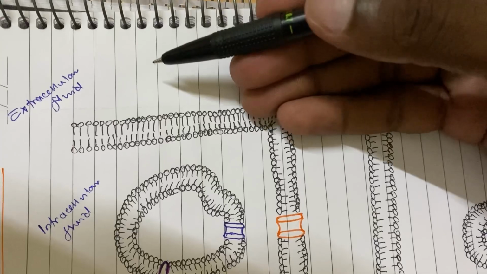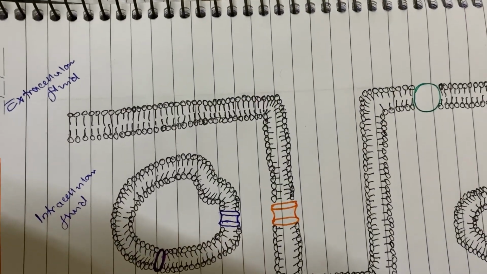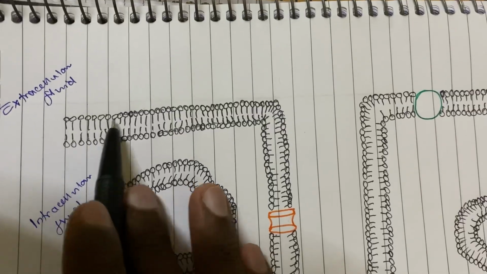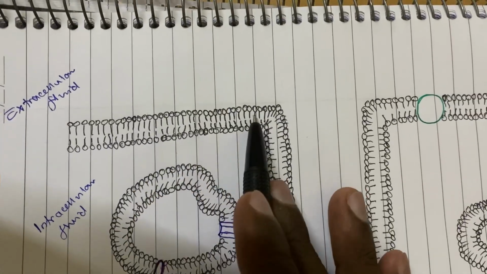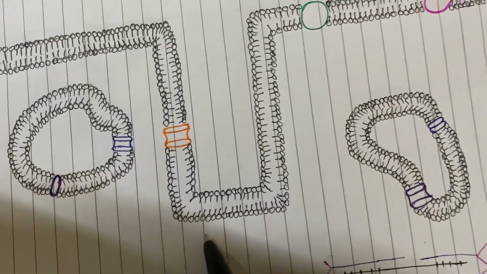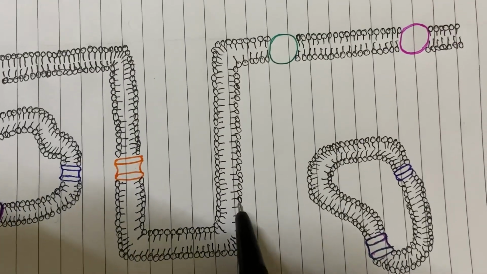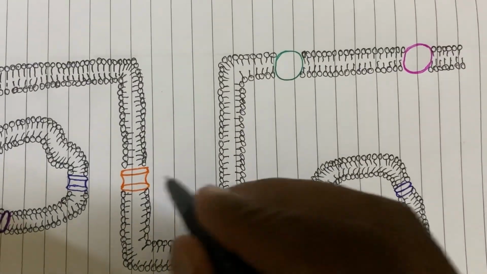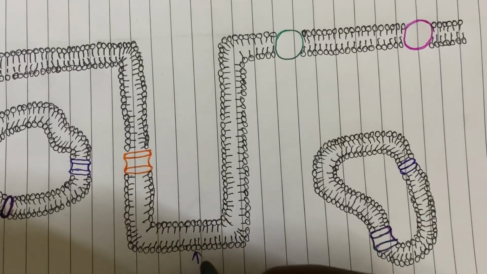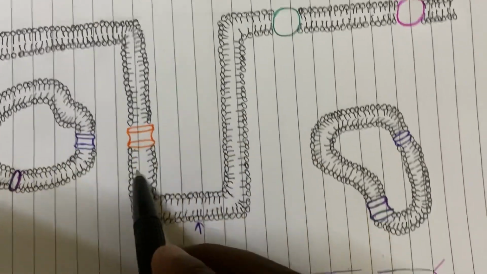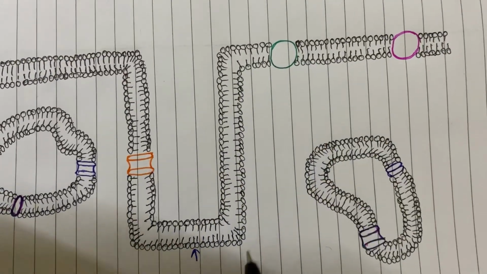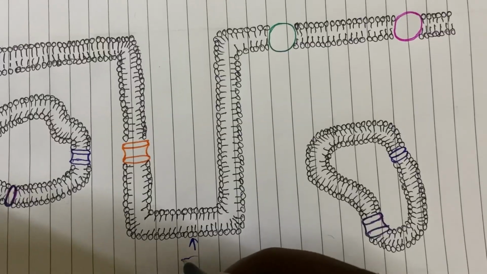Outside we have extracellular fluid, inside we have intracellular fluid. When an action potential comes, it moves across the cell membrane and activates everything. Wherever the cell membrane dips inside the cell, that section we call the T-tubule. This section here, where the cell membrane dips inside the cell, is called the T-tubule.